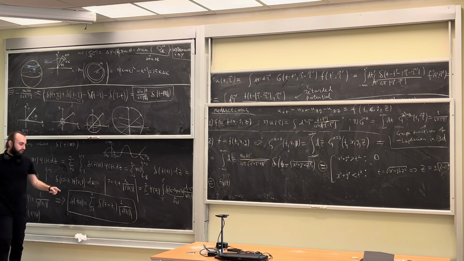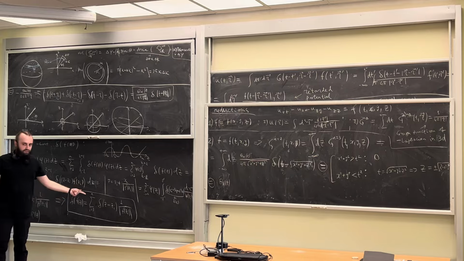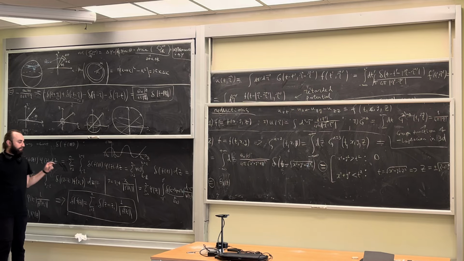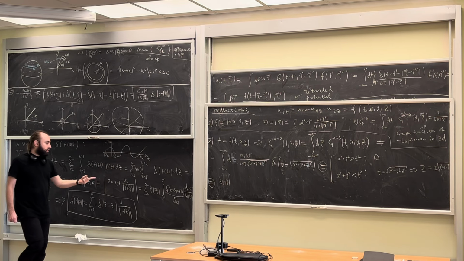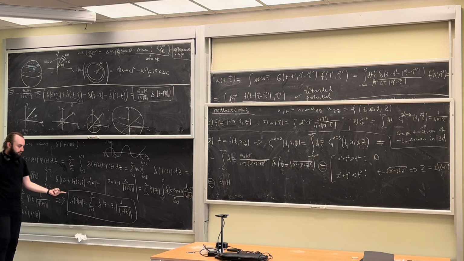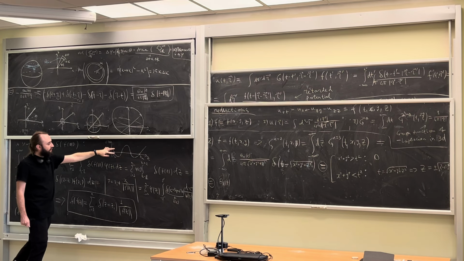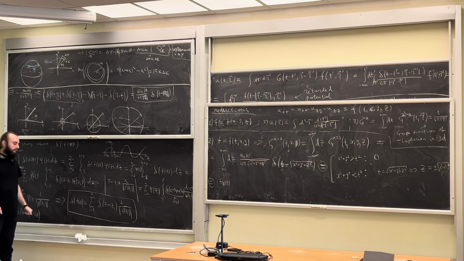So it works also for z simply scaled by some factor. We just need to do the change of variables, but it works the same for arbitrary functions. So we can simply approximate f by a linear function around each zero.